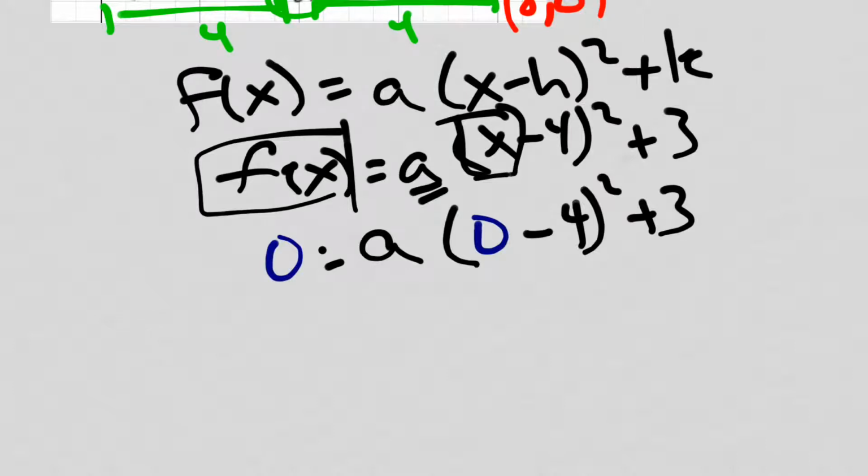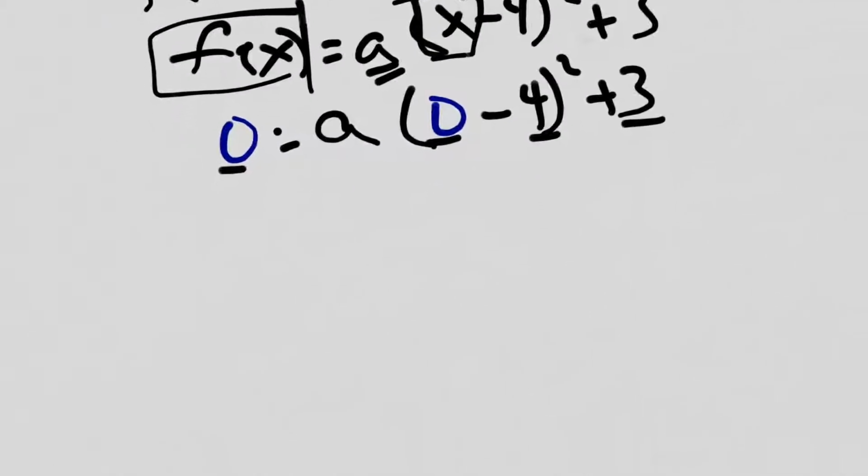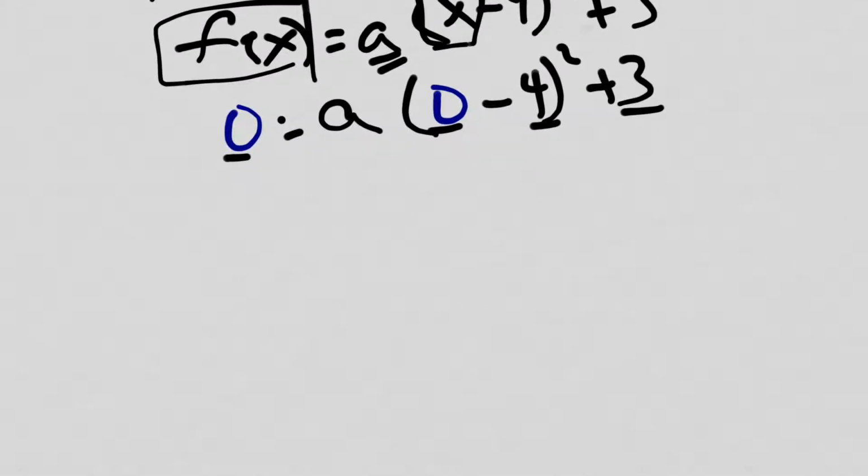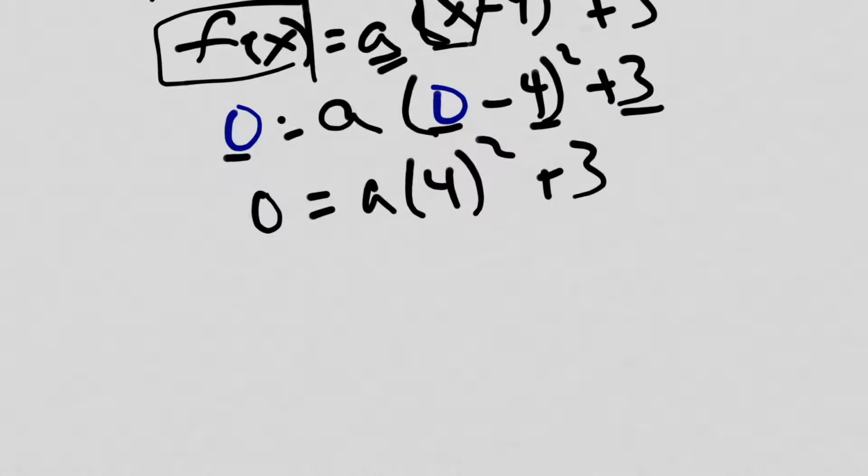So now I've got it set up with my h and k. I've got my point that I'm substituting in. Now it's just a matter of solving that for a. So I have 0 equals a times 4 squared plus 3. 4 squared is 16.